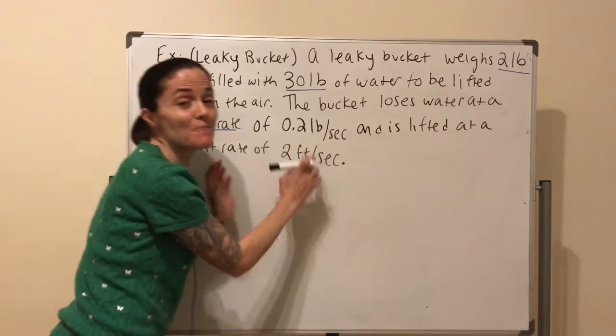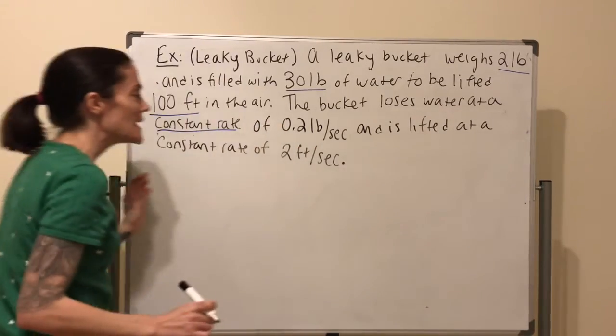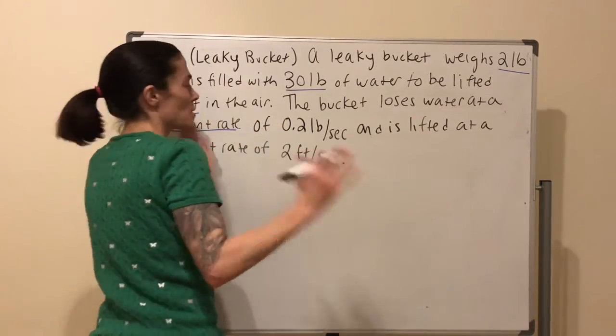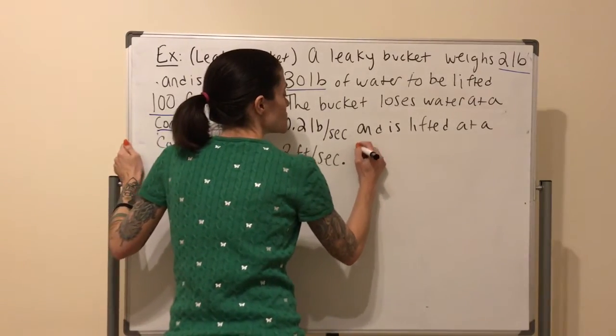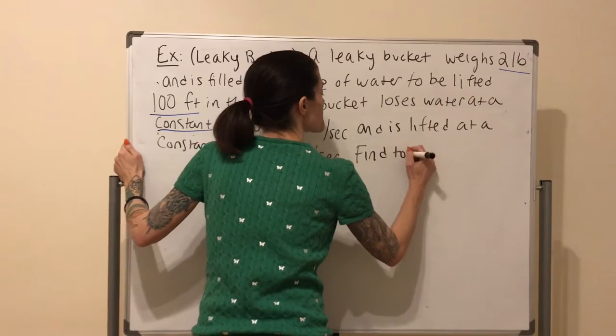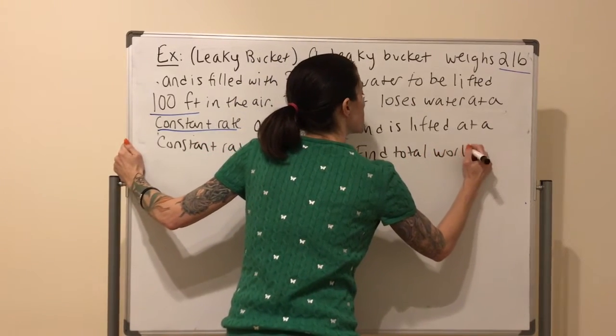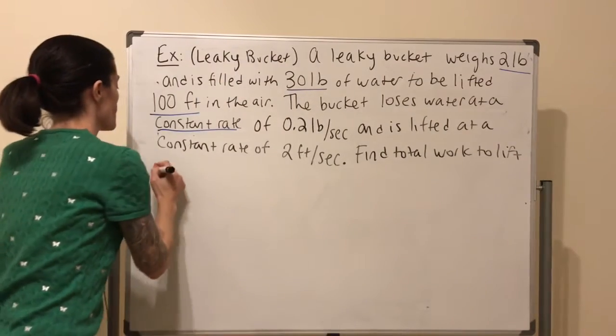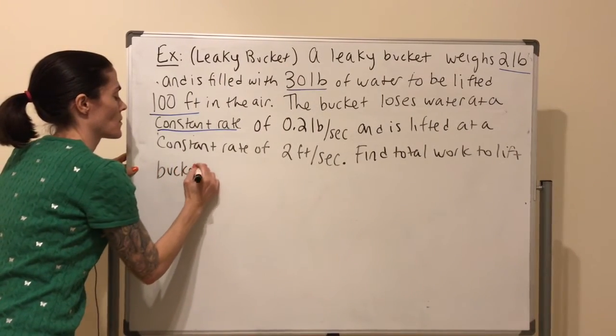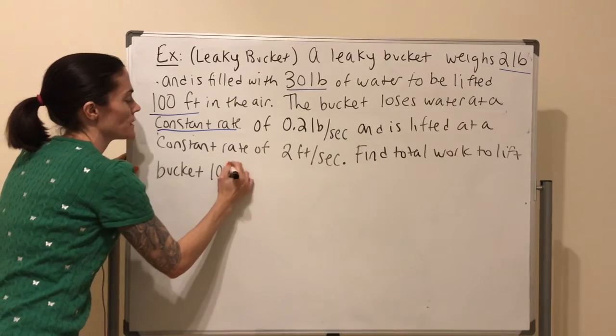Okay, but you see now both of these depend on time. But I'm going to wind up doing the same thing I did in the last problem, as we'll see, and then again find the total work to lift the bucket the 100 feet in the air.